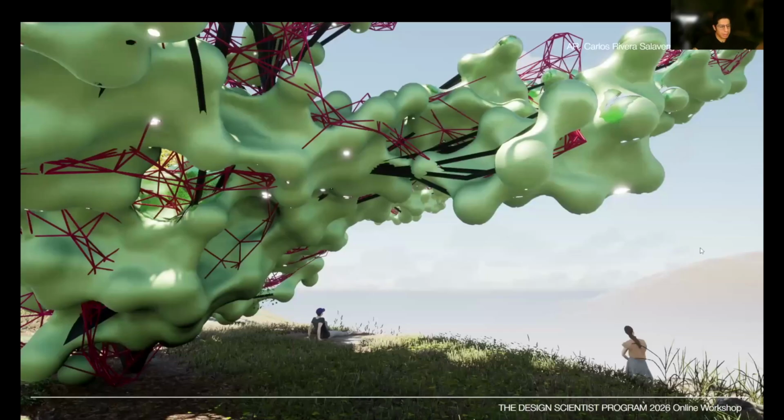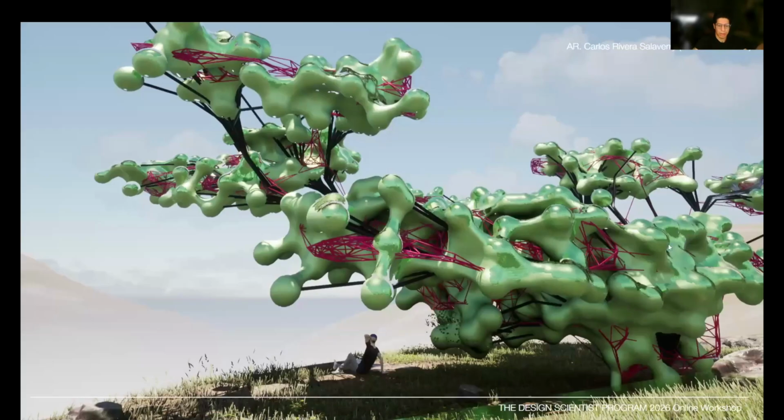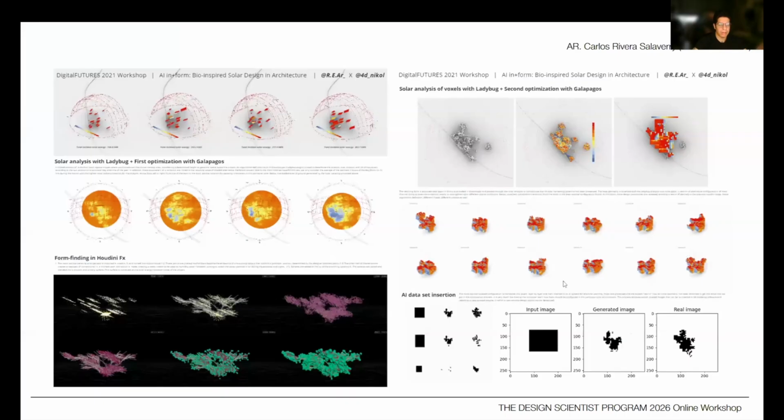So going a little bit deeper into the development of this and the application of computational tools, first we started defining certain random planes and optimizing their direction with Galapagos. These panels started tilting depending on where the sun was projecting at certain periods of time.